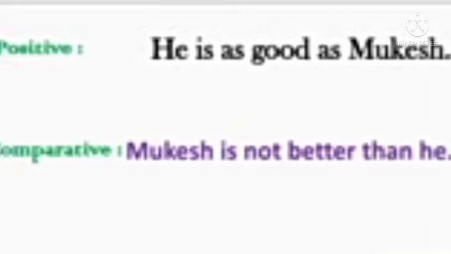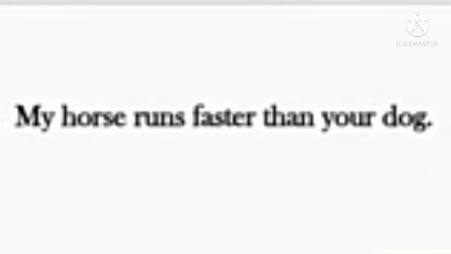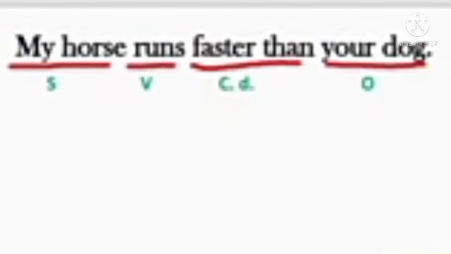Now we will take a sentence where we will convert the comparative degree to positive degree. Okay. My horse runs faster than your dog. Now let us identify the words and name them. Here my horse is the subject, runs is the verb, faster is the adjective in comparative degree, then your dog is the object.